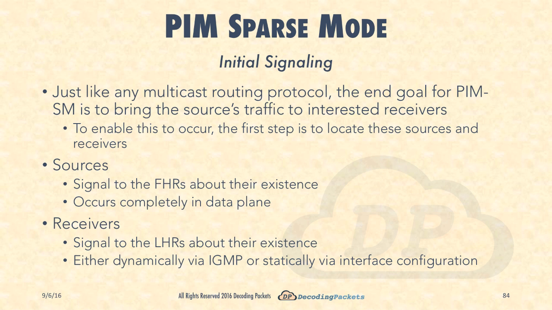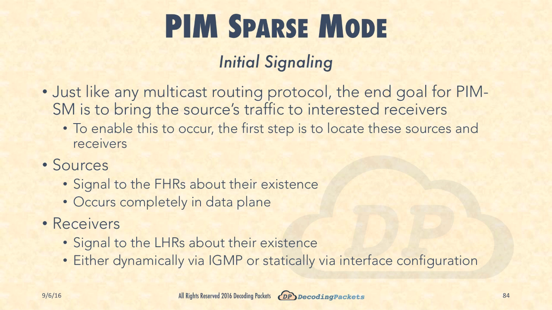Initial signaling. So the end goal for PIM is to bring the source's traffic. So there is a multicast source that is creating traffic or generating a stream, and there are interested receivers. The end goal for PIM Sparse Mode is the same as any other multicast routing protocol. It is to get that traffic from the source, but only to the interested receivers.